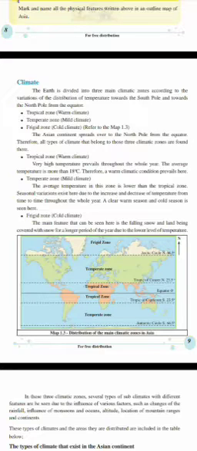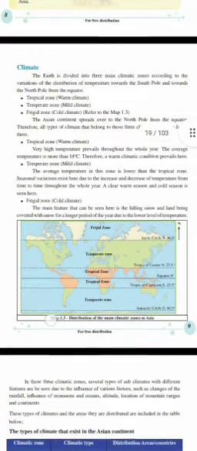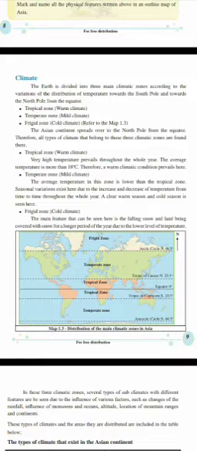Very high temperature prevails throughout the whole year. The average temperature is more than 18 degrees Celsius, so therefore there is a warm climate condition.